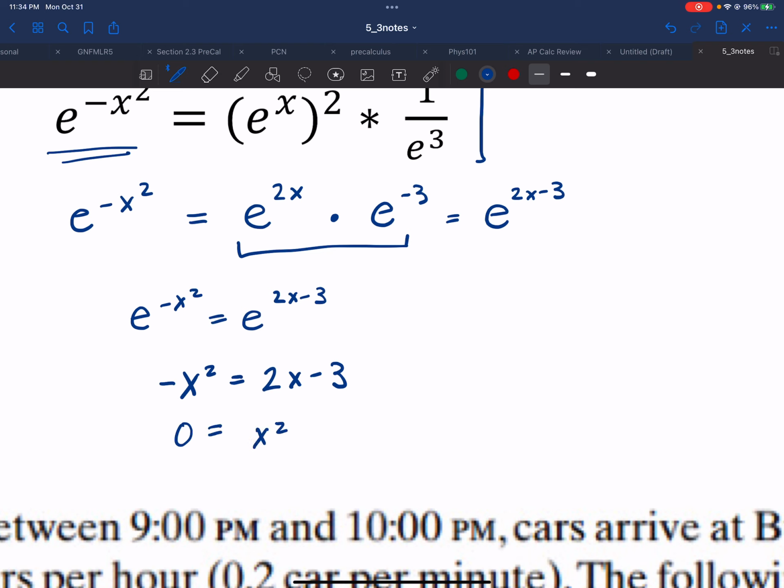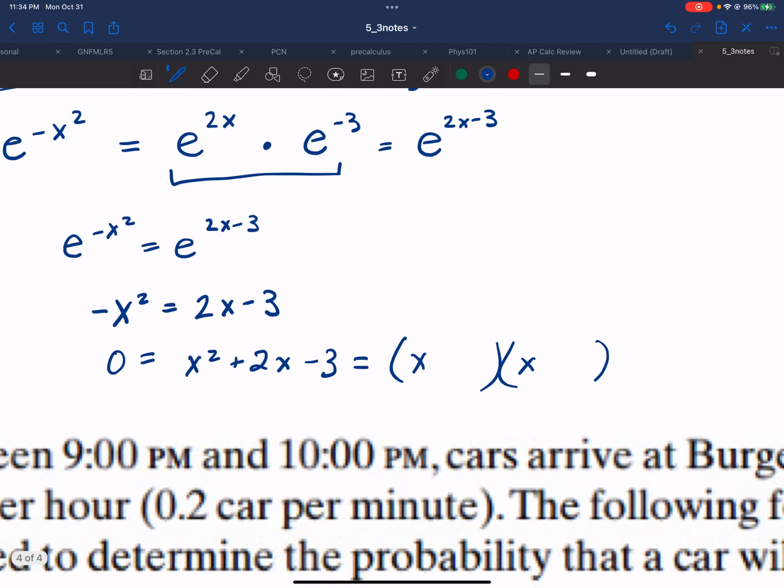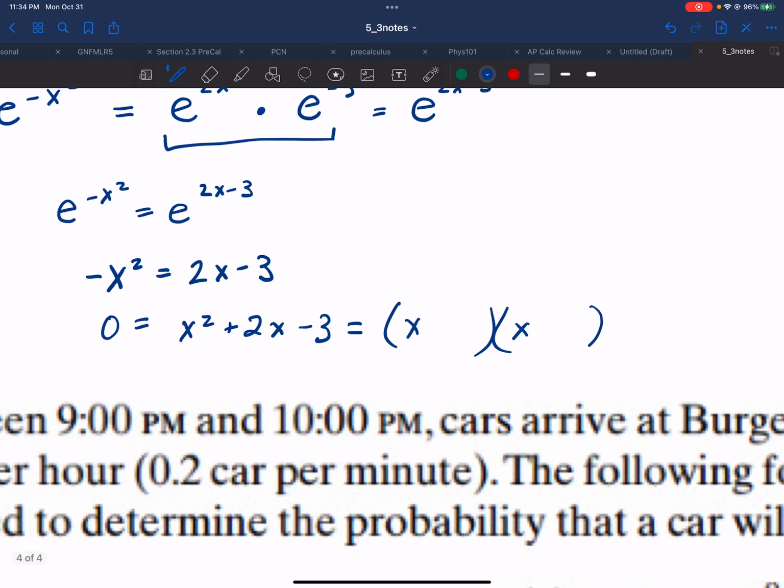X squared plus 2x minus 3. Yep, it can be. So x and x, and we have negative numbers. So one has to be positive and one has to be negative. The 2 is positive, so this will be plus 3, and this is minus 1. So this is what it factors out to.